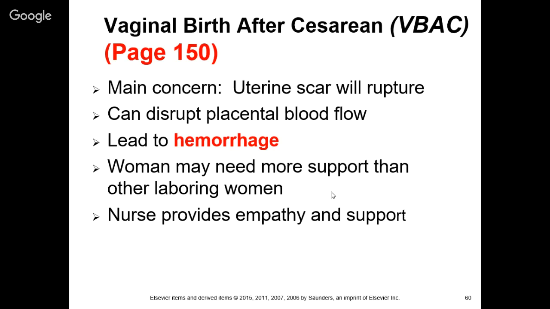But my opinion is that women should have these deliveries at a hospital that has a NICU at the highest level and can readily get to the OR in case there's a problem.